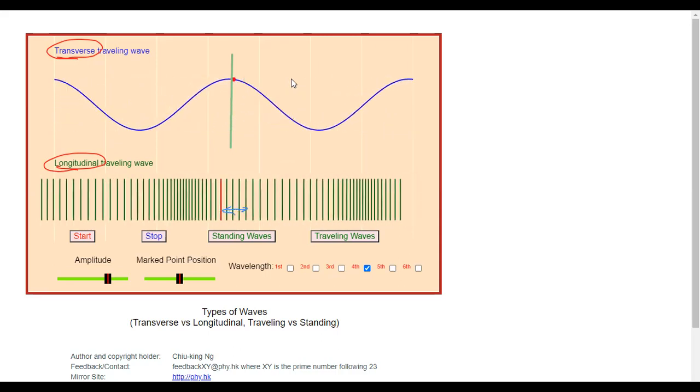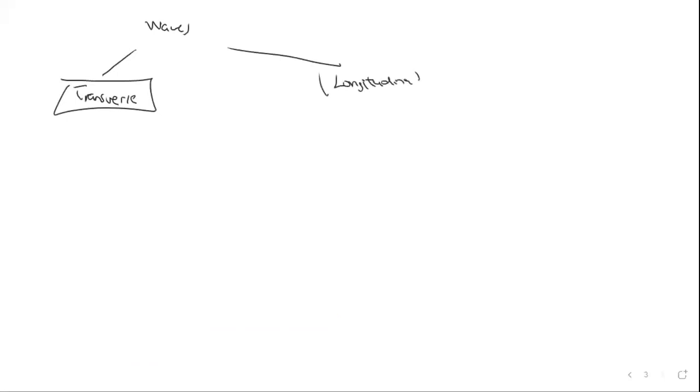So the key point here is, in terms of waves, you can split them up into transverse or longitudinal. Now whether it's a transverse wave or a longitudinal wave comes down to the direction of oscillation of the particles.